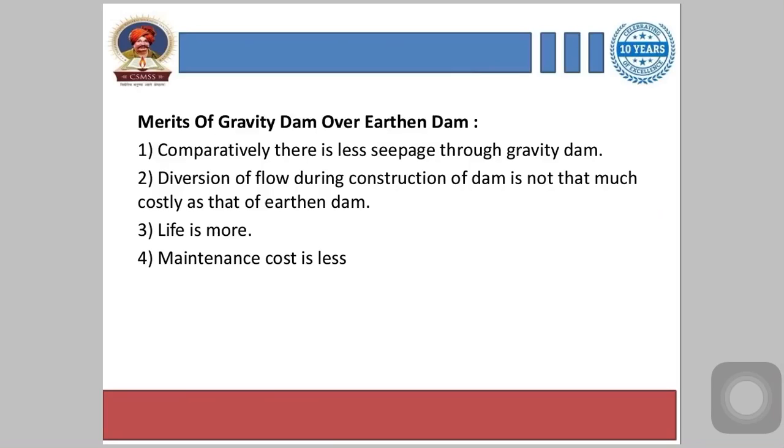Economically, if we see both the dams, the earthen dam is less costly and gravity dam is more costly, as unskilled labor is required in earthen dam and skilled labor is required in case of gravity dam. Time of construction is also less in earthen dam, and more in case of gravity dam.